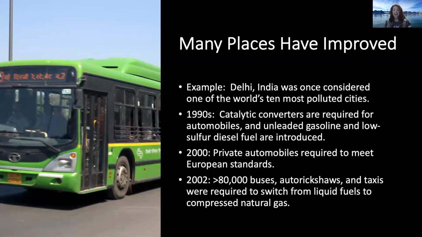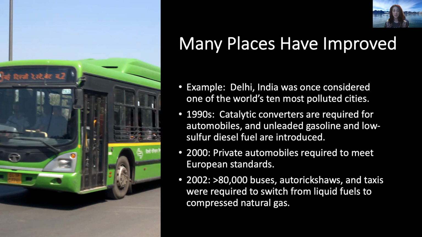But many places have improved, including Delhi in India. Delhi was once considered one of the world's 10 most polluted cities, but in the 1990s, they really cracked down on how to prevent pollution. That included the addition of catalytic converters. Catalytic converters now, starting from 1990, are required for automobiles, and unleaded gasoline and low sulfur diesel fuels were introduced in the 1990s and continue to be the most popular routes for fuel for automobiles.